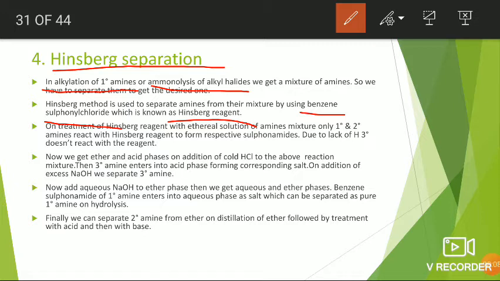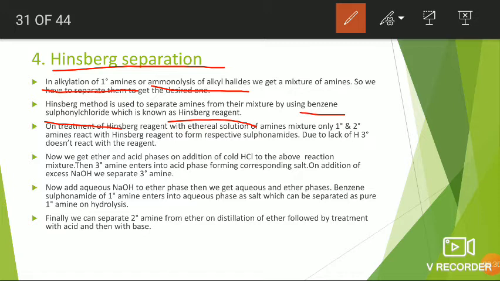From the acidic layer, we can separate the quaternary ammonium salt. The ethereal solution, that is the organic layer, contains the primary, secondary, as well as tertiary amines mixture. So we have to separate them.